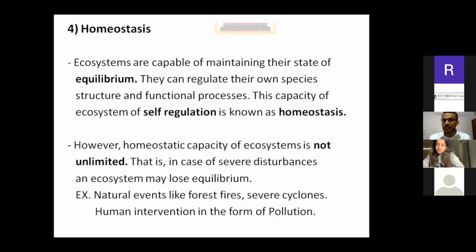Even grassland, not desert, grasslands are considered as ecotone between forest and desert. Why can we say that grasslands are ecotone?